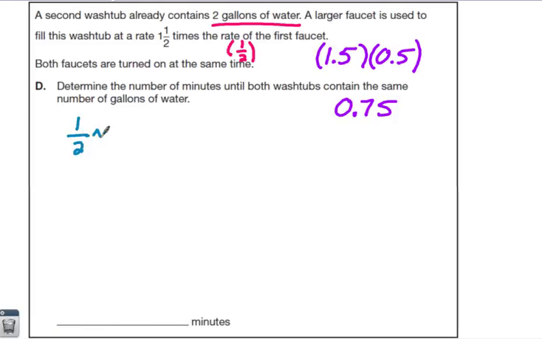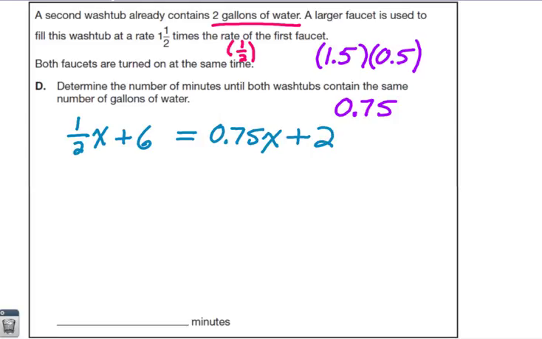This was for the first faucet, and we could have written an equation for the second faucet of 0.75 or 3/4 x, and then plus 2, because we start off with 2, basically your y-intercept.